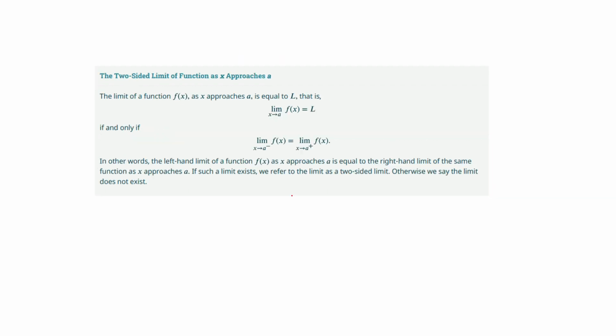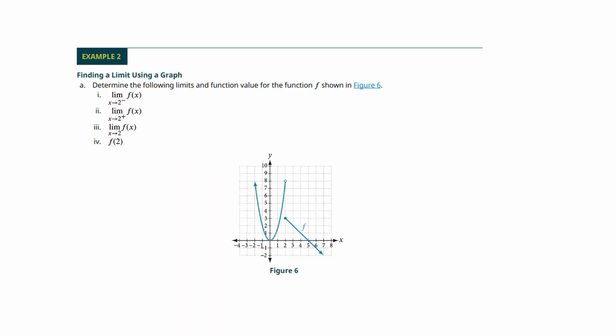Now, let me see if I've got a good graph here. Let me jump ahead. No, that doesn't have it. Yeah, let's look at this one. If you look here, suppose we were approaching 2 from the left. If we're approaching 2 from the left, we're going toward 8.